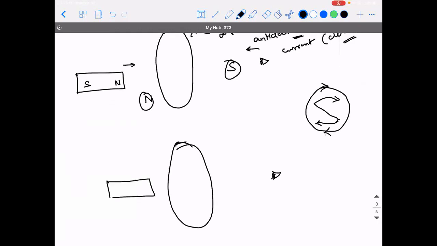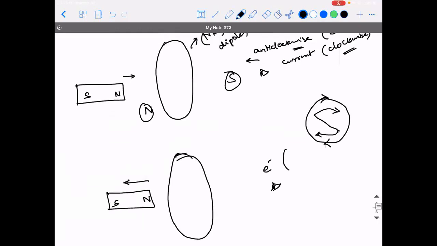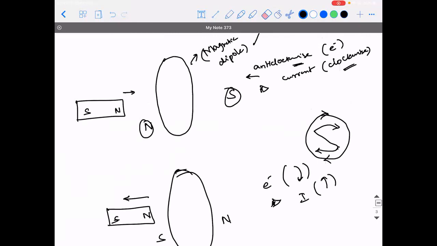Now, when you move the same magnet in such a way that the north pole was moved away, the electrons were moving in the clockwise direction. Current was anti-clockwise. This became a south pole. So let's observe an important point.